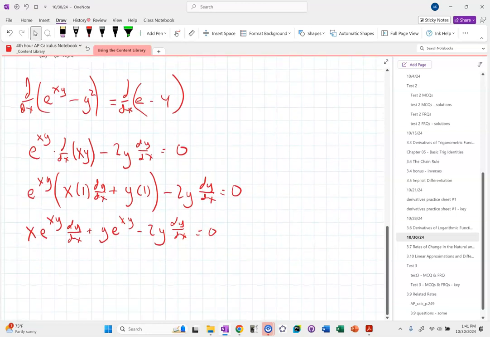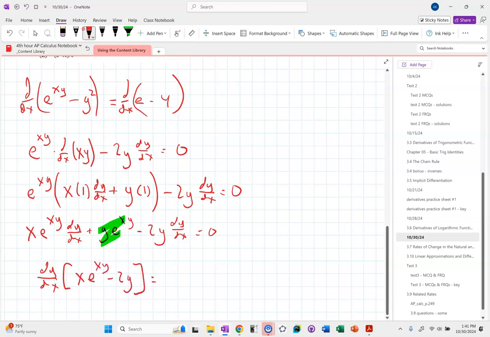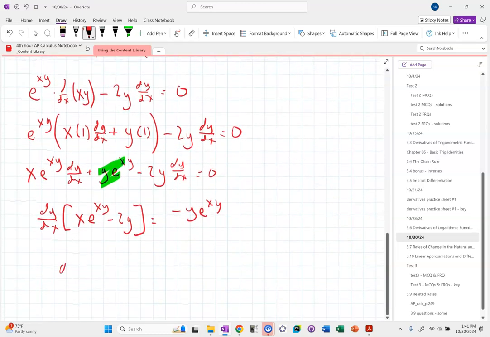I'm now going to get the dy dx by itself. So I'm going to subtract this piece to the other side and factor the dy dx out. So far, so good. And I'll divide both sides by that parenthesis.